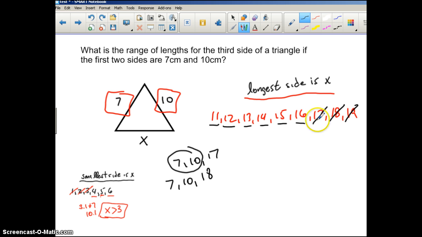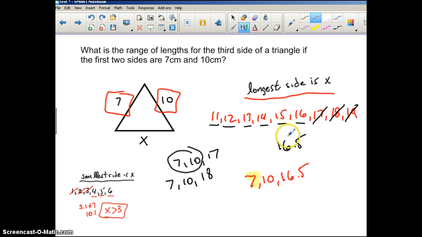Then we're going to take something in between 17 and 16, like 16.5, and let's test those numbers out. If you take the two smaller sides, 7 and 10, when you add them together, are they greater than 16.5? And the answer is they are.